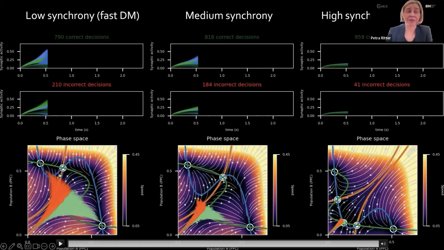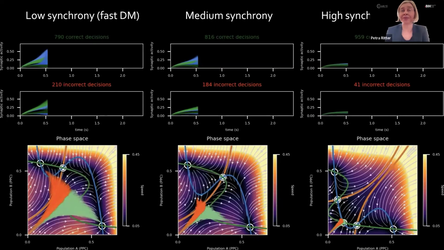And we see the two fixed points here, and we see that relatively quickly the system is pulled to one or the other. This is shown here after only 0.5 seconds, the decisions already have been made, and the system ends up in one of the two attractors and fixed points.